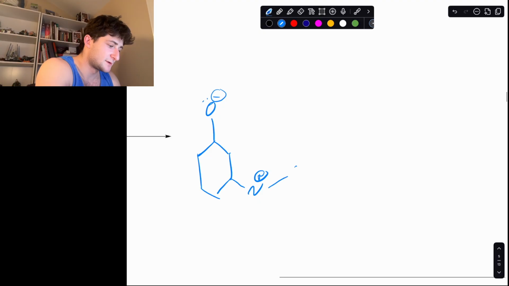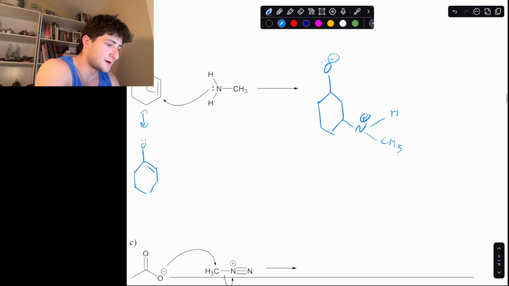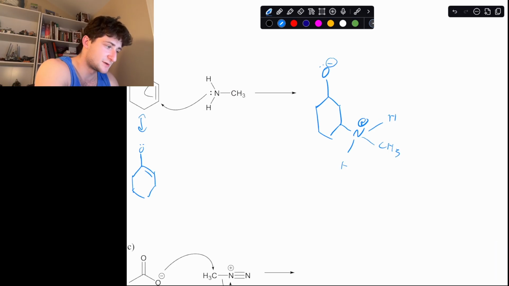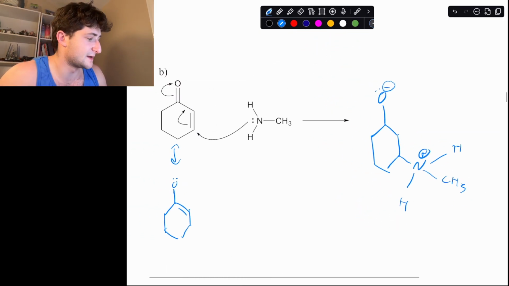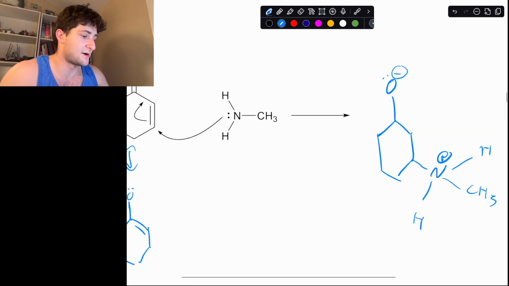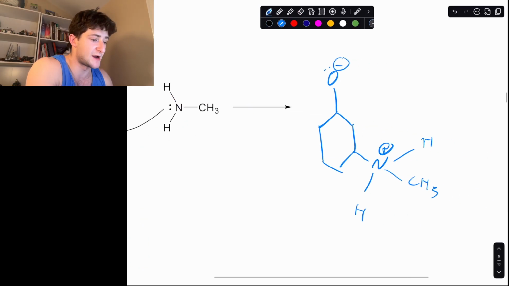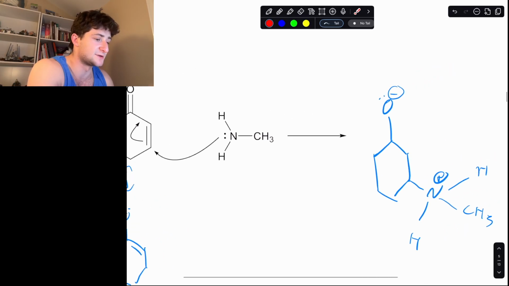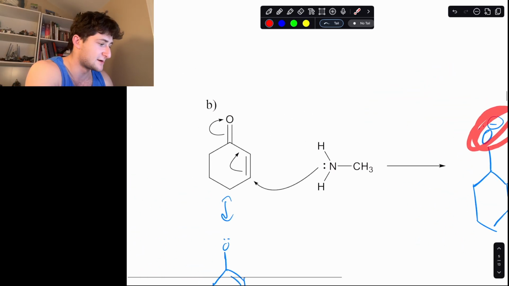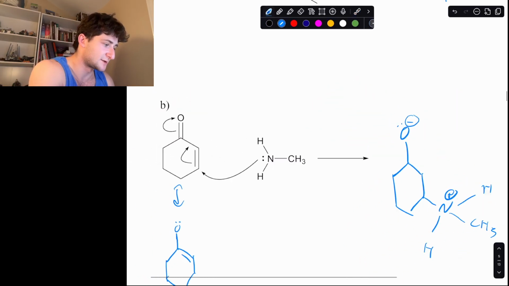Nice. Don't forget your charges. Methyl over here. Another hydrogen. So the reason that we are positive now is because now these two electrons that were once on the nitrogen are being shared in the form of that bond right there, making it have a positive charge. And the oxygen obviously is negative because it just got two electrons from that bond. Nice. Next question.